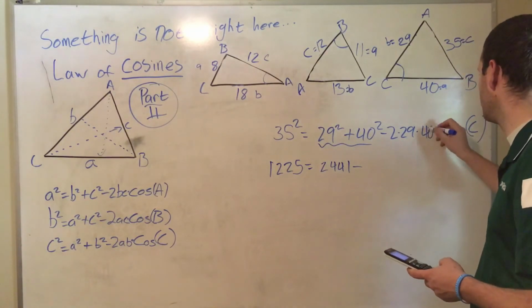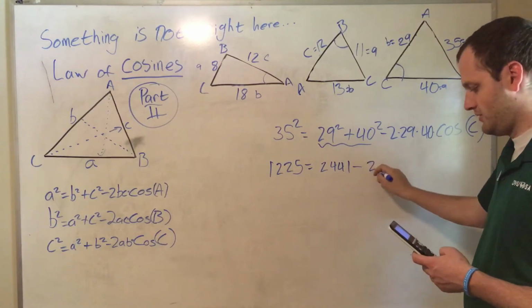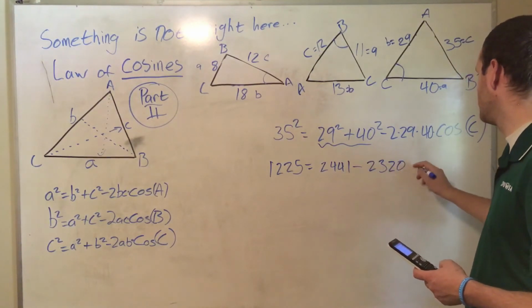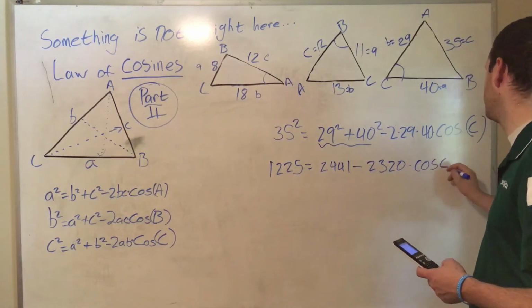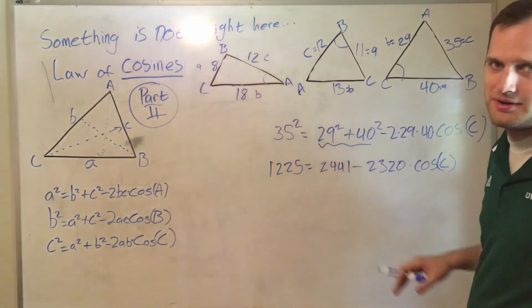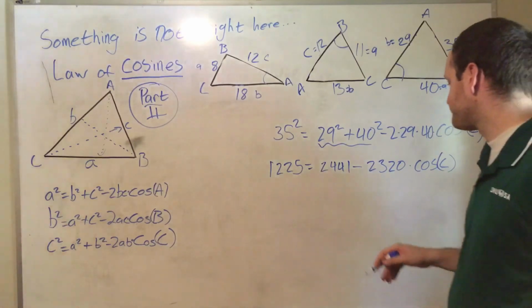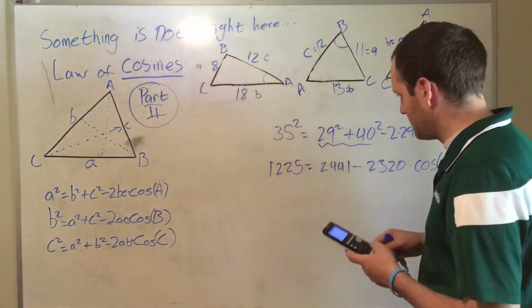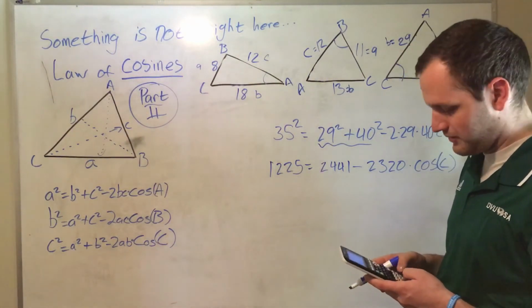That should have been 40. That gives me 2,320 times cosine of C. Again, if you have a TI Inspire, just throw it into a TI Inspire calculator and solve, you're done. But I don't. I'm going to subtract 2,441 from both sides.